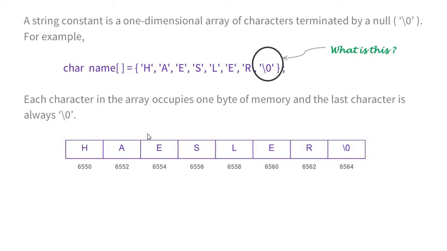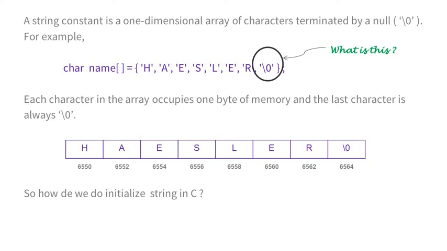This is the actual storage of these characters in memory. For example, at a memory address 6550 the first character is stored, and after that all the characters are stored in sequential memory addresses, like 6552, 6554, just like that.